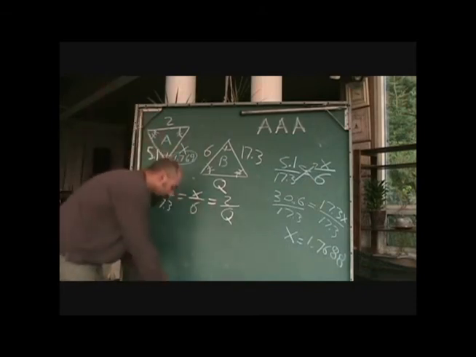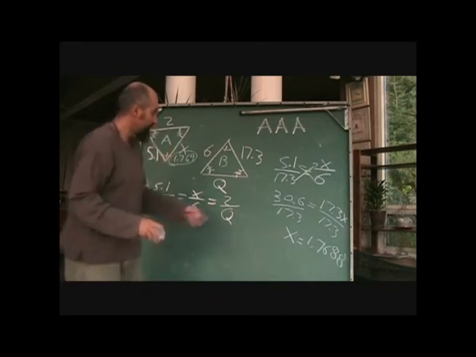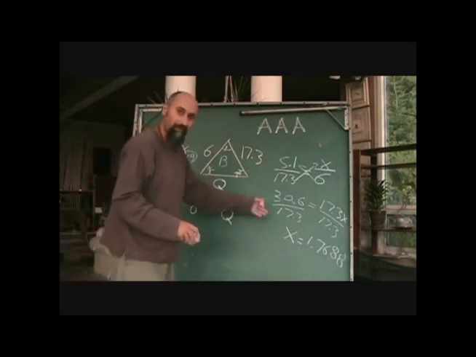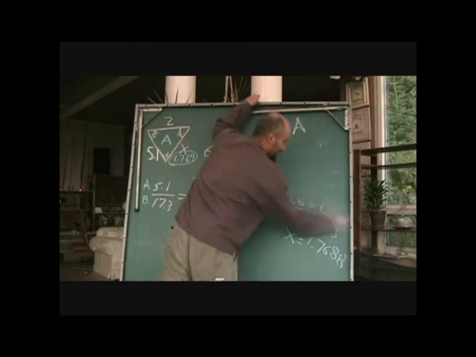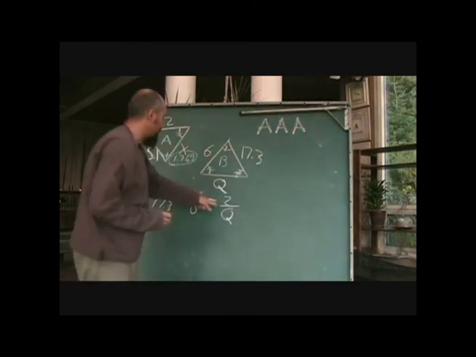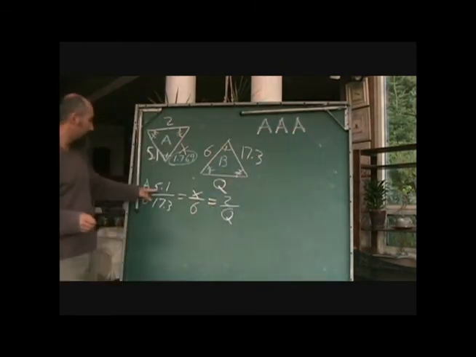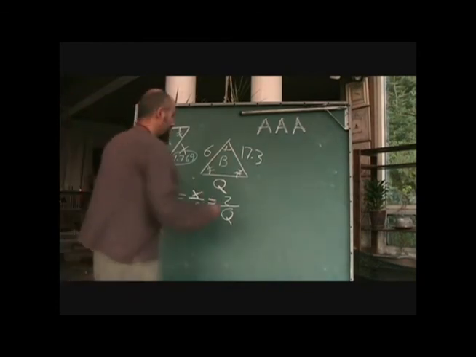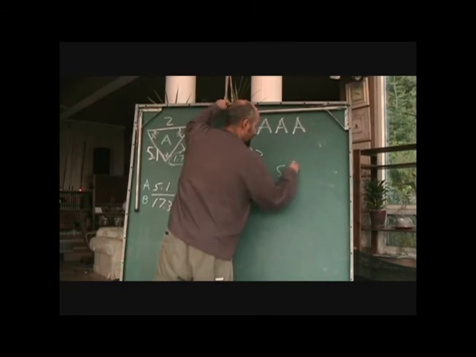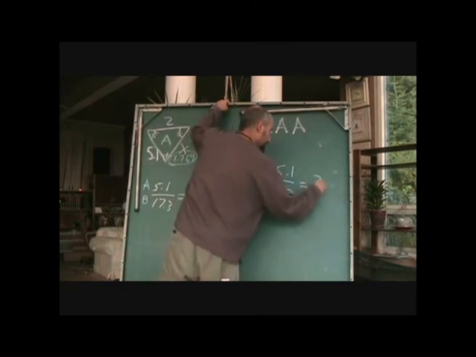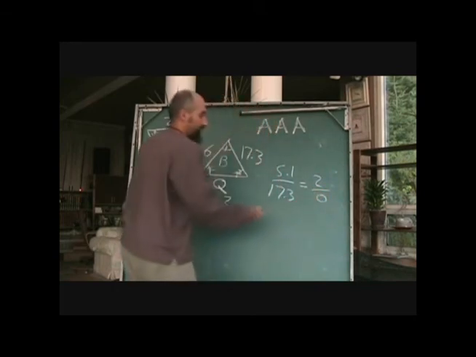To solve for q, I'm going to erase this. If we're going to solve for q, what we're going to do is take 5.1 over 17.3 equals 2 over q.